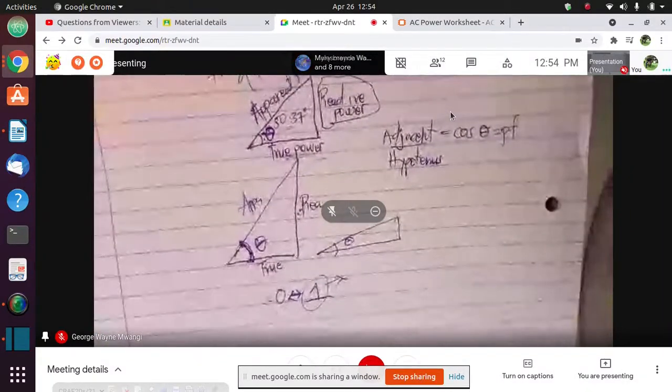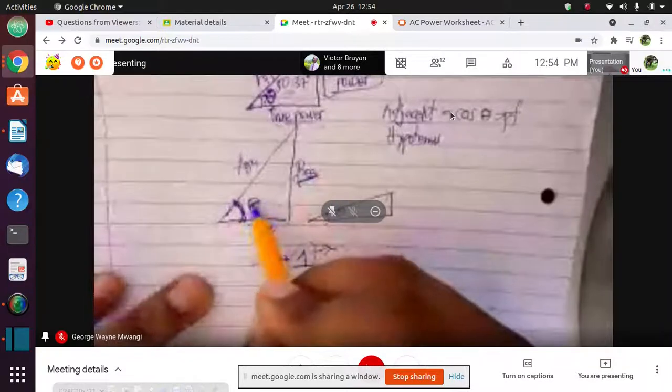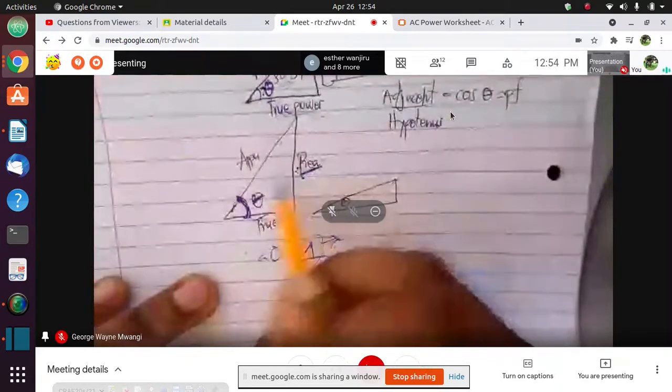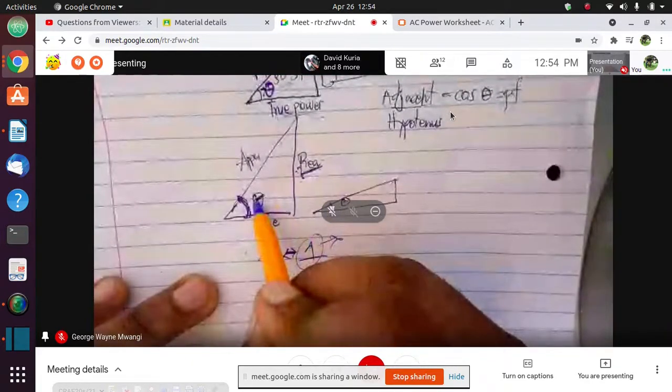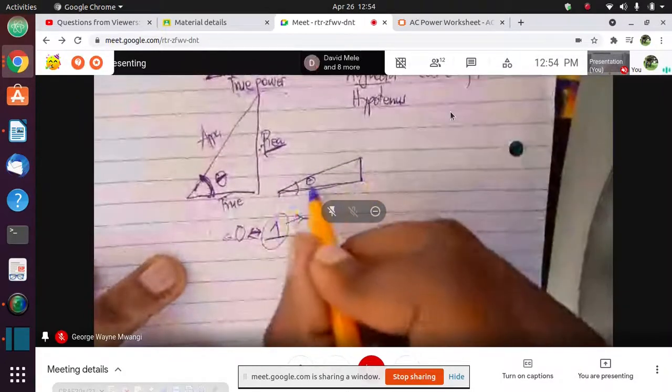No. Okay. Now, I was saying, if this value of reactive power increases, then this means that your angle increases, ndio? Hii reactive power increase, hii angle itaongezeka. Right? Angalia the differences between these two triangles. This angle is smaller than this.